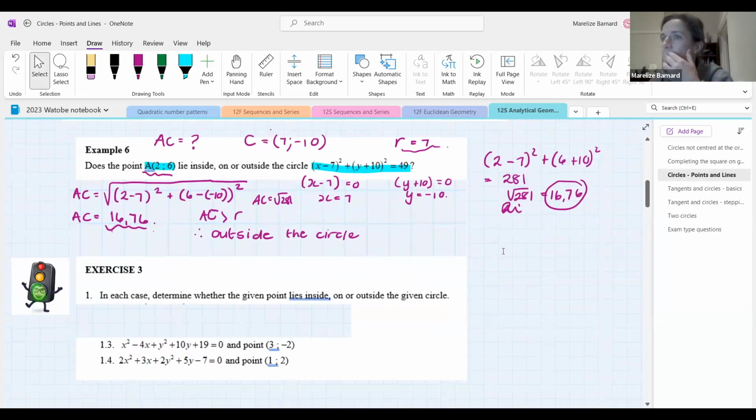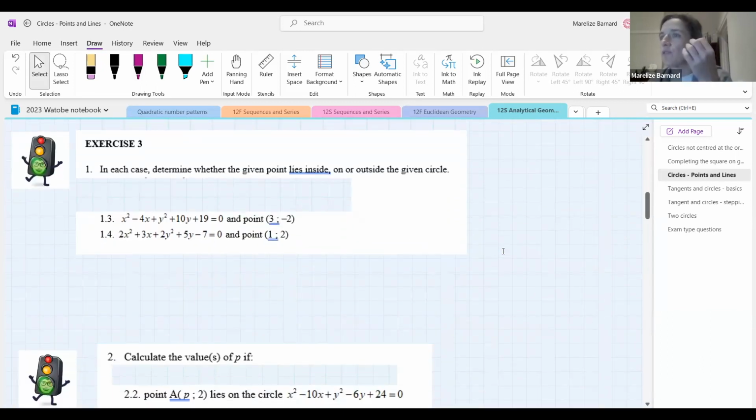Okay. Right, now it's your turn. We've got a few questions here for you. Question 1.3. In each case, determine whether the given point lies inside, on, or outside the given circle. So for 1.3, we've got x squared minus 4x, this equation here, and then the point 3 and negative 2. What is the first thing we're going to have to do to figure this out?